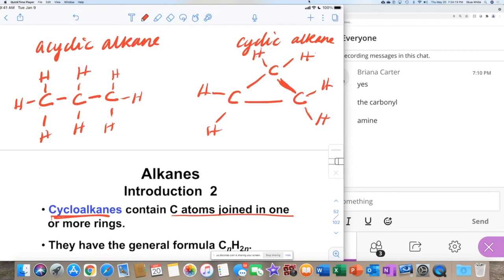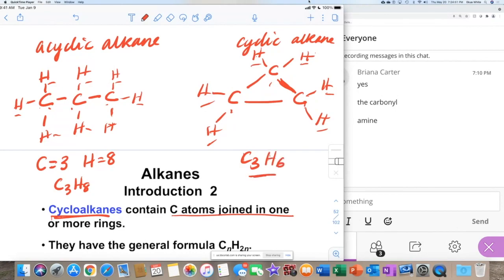So when I itemize what I have, I look at my carbons. 1, 2, 3. I have 3 carbons, right? I look at my hydrogens. 1, 2, 3, 4, 5, 6, 7, 8. I have 8 hydrogens. So this formula will be C3H8. Okay. What about over here, my cyclic alkane? C3, right? 1, 2, 3. And then H's. 1, 2, 3, 4, 5, 6.